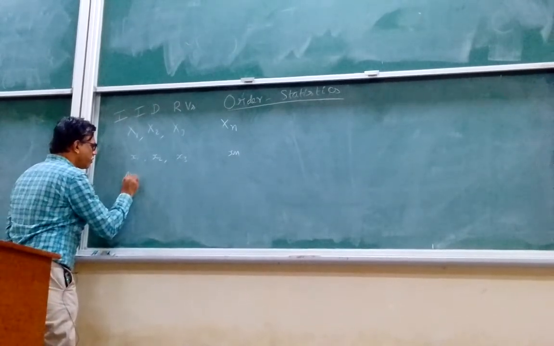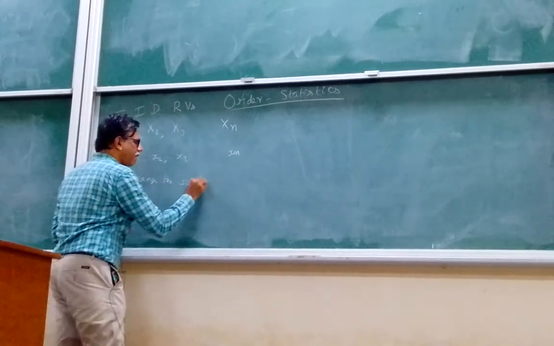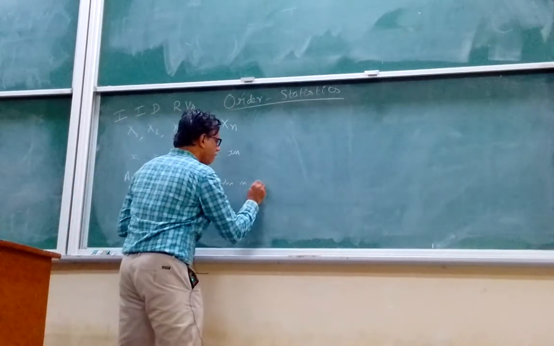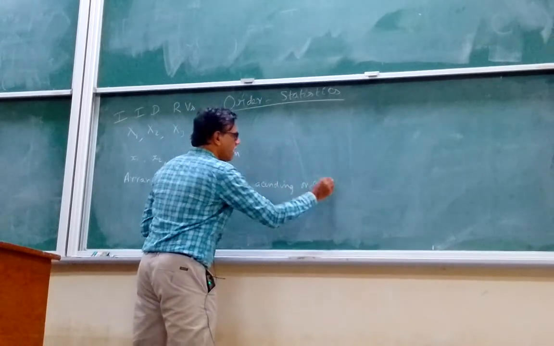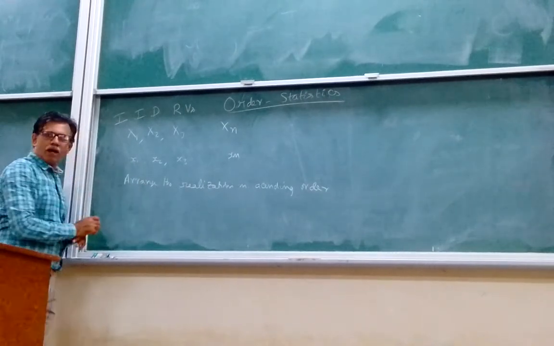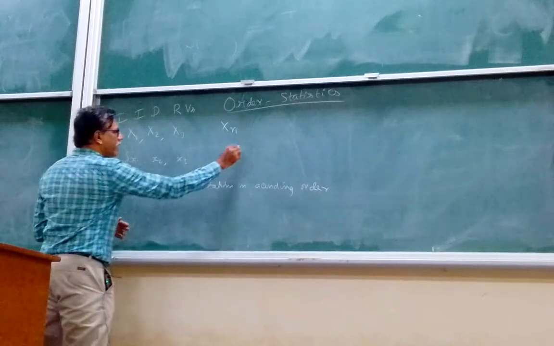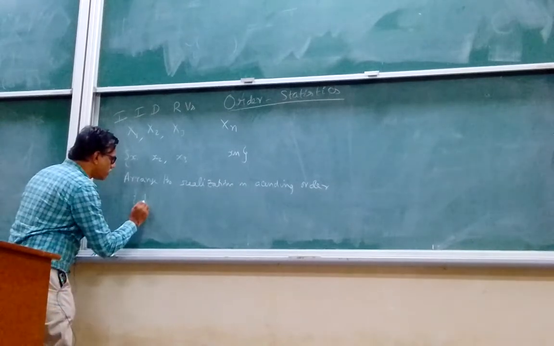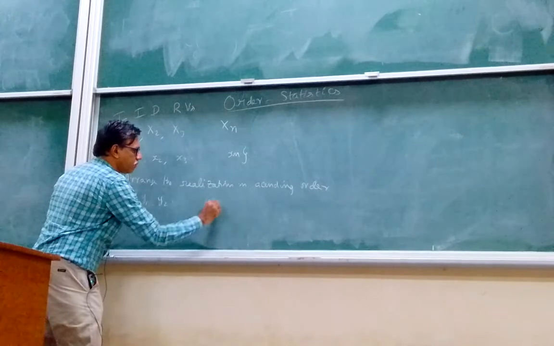So arrange the realizations in ascending order. Then you will get some values. After arranging, the values will change, and I will denote them using the notation y1, y2 to yn.